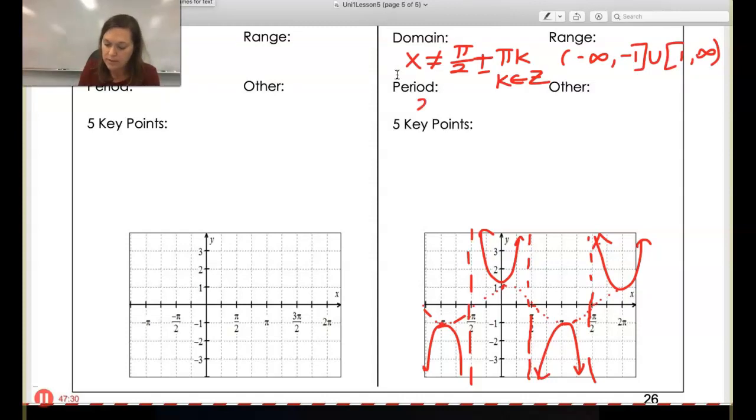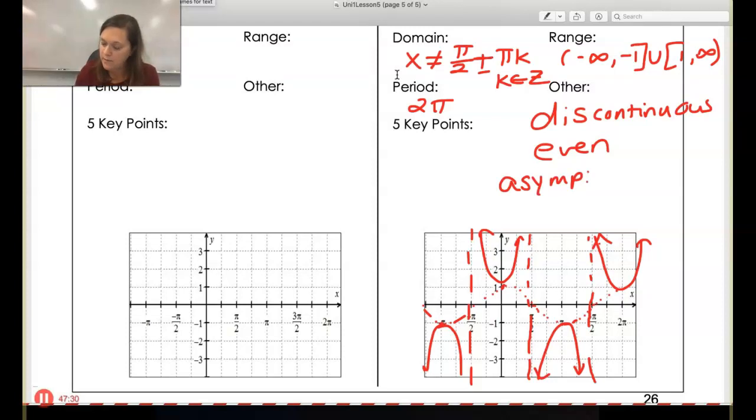My period is 2 pi. Again, we'll ignore the key points. We already got that down. We are discontinuous. We are symmetric to the y-axis in the middle there, so it's even. And my asymptote is where cosine of x is equal to 0.